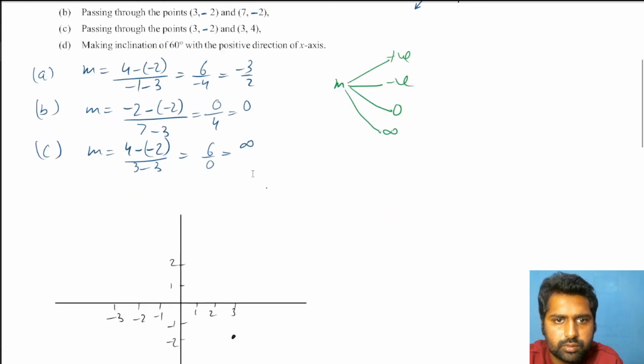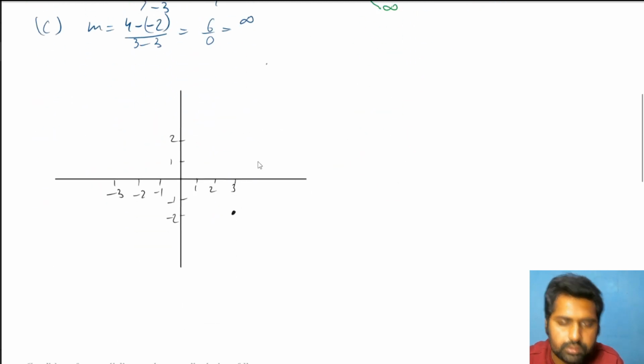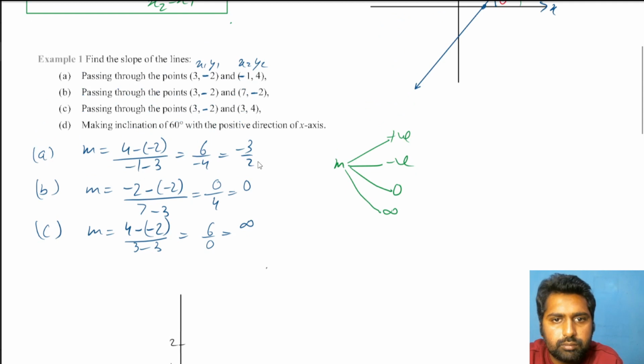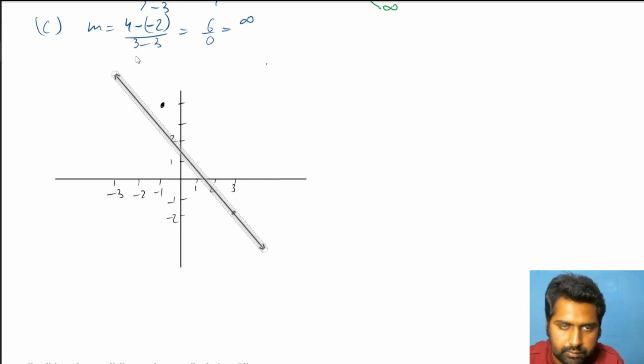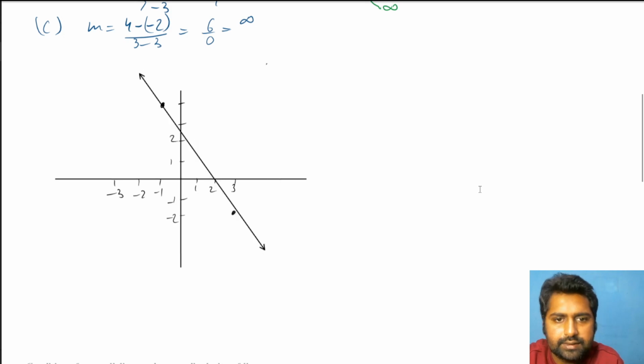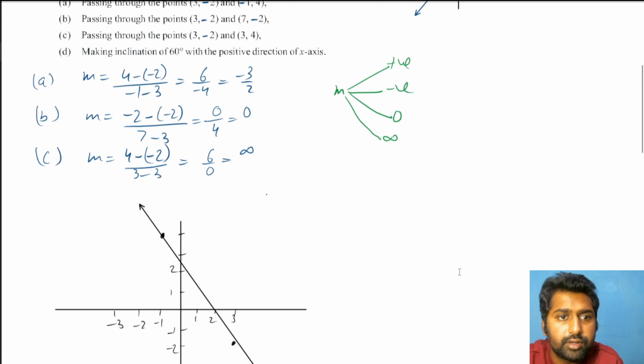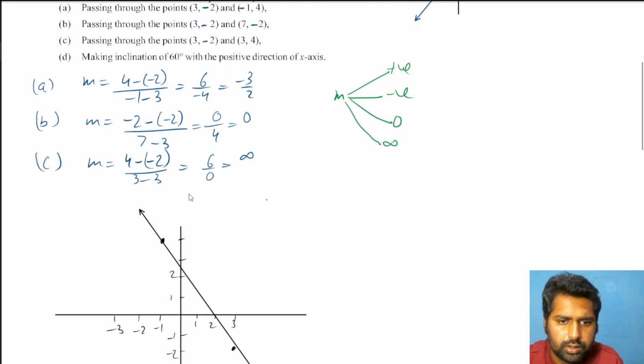Then -1, 4, so 4 will be up here. If we join this, you get a line like this. That's the first A part.